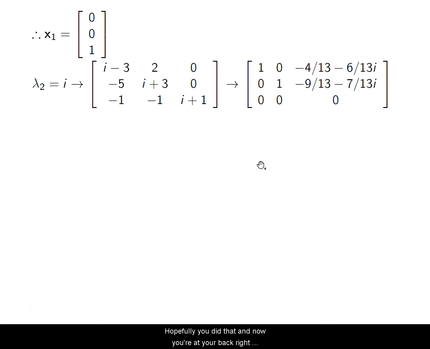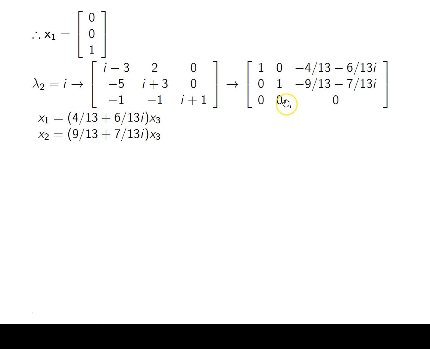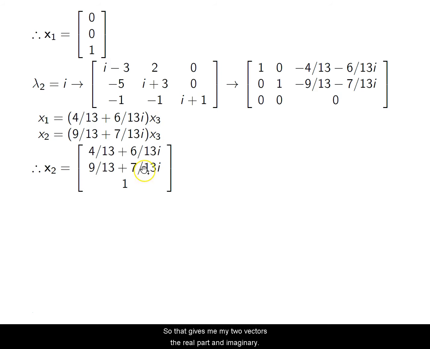Hopefully you did that, and now you're back. Obviously x3 is a free variable. So I know what x2 is, I know what x1 is, so I can move these over to the other side of the equal sign. Now everything is positive instead of being negative, which is great. x3 is the free variable, so that gives me my two vectors, the real part and the imaginary part.